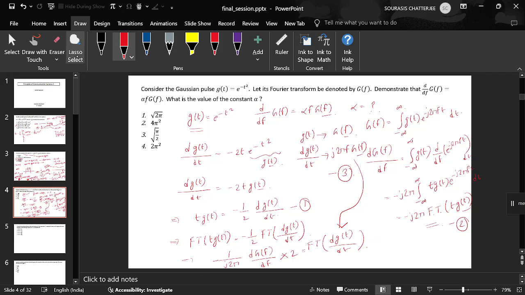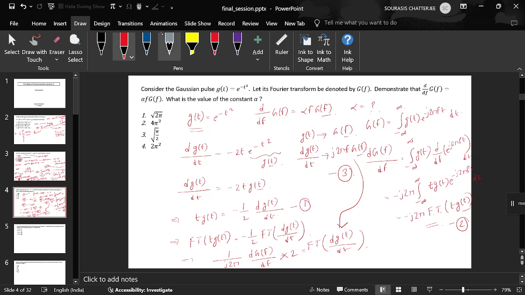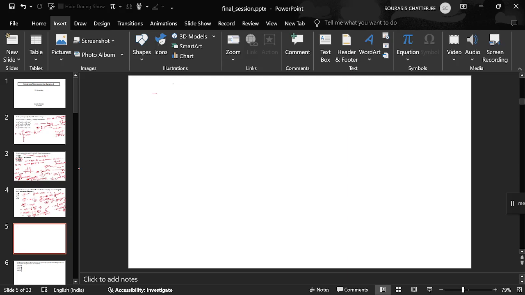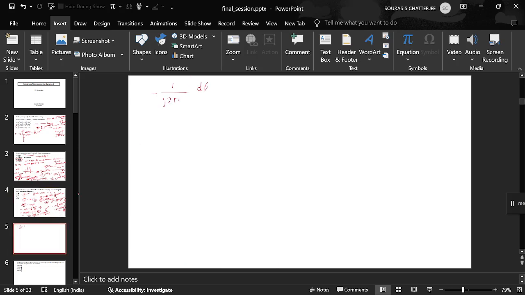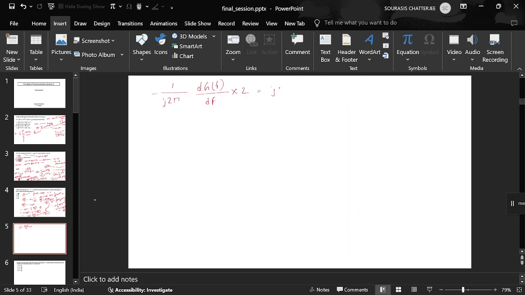So let us just plug it in here by inserting a new slide. So we have minus 1 over j 2 pi, dG(f)/df times 2, is equal to the Fourier transform, which is j 2 pi f G(f).